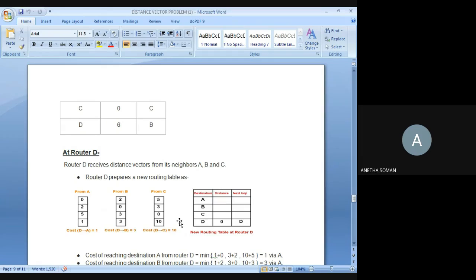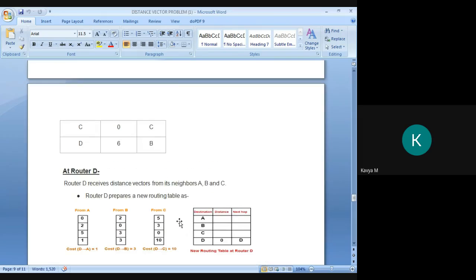Okay. Now, cost of reaching destination B from D. Minimum of 1 plus 2, 3 plus 0, 10 plus 3.